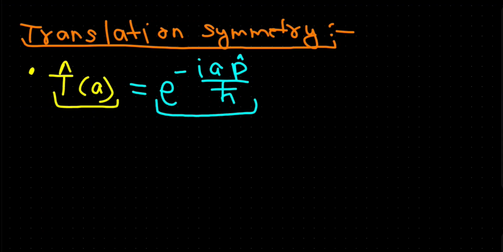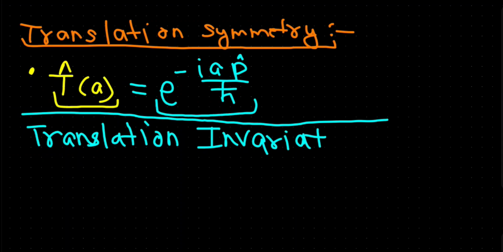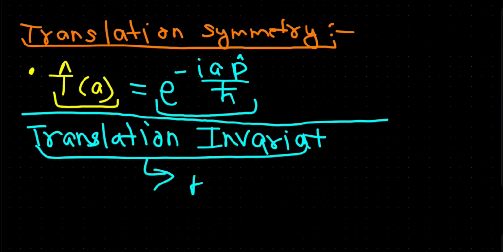It means a system is said to be translation invariant when the Hamiltonian is not changing when we apply the translation operator to it. So if the Hamiltonian remains unchanged, we can say that there is a translation symmetry. You apply the translation operator, but the Hamiltonian doesn't change. The initial Hamiltonian is the final Hamiltonian.